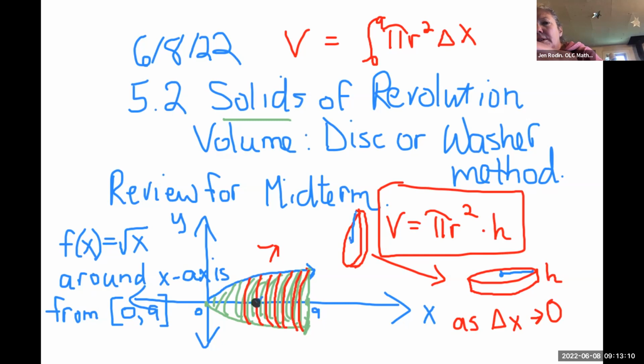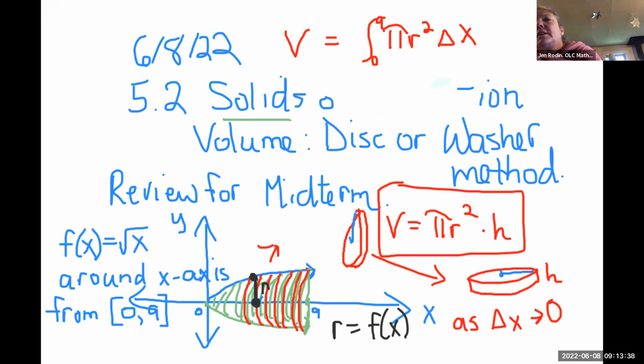If I was here, up to the edge, at any point, it's going to change as I go along, but that right there is the radius. So the radius equals the function value. If you're doing f of x or g of x or f of y or g of y, the radius is just the value of the function. So we'll stick this in here correctly.